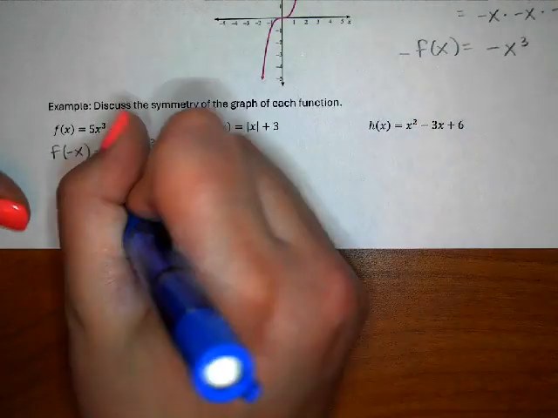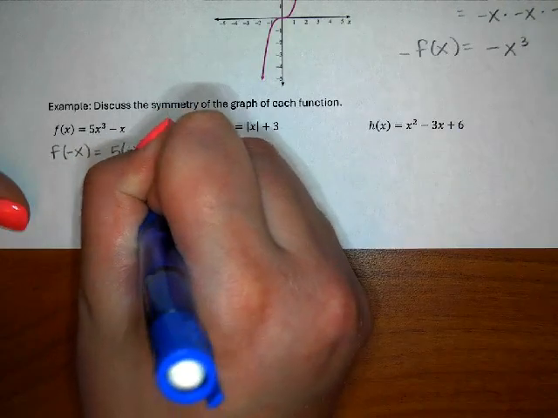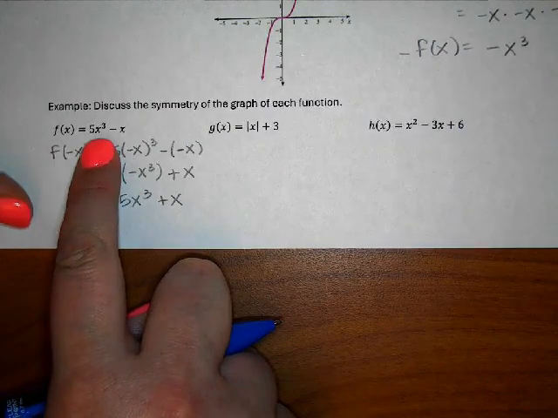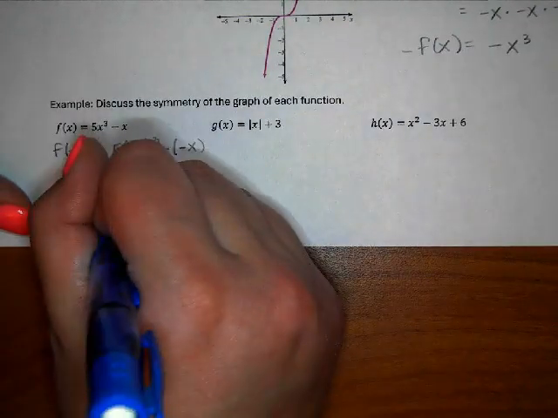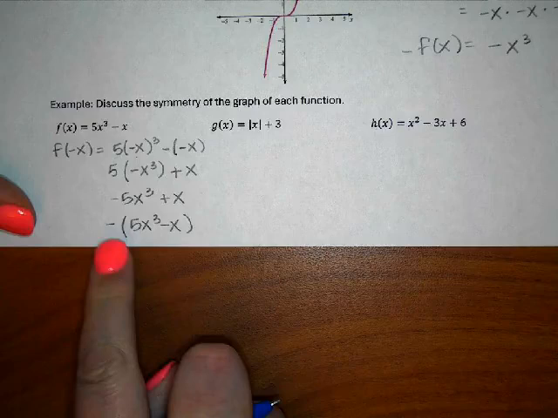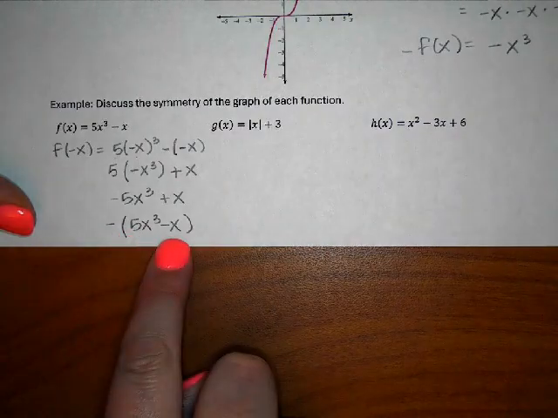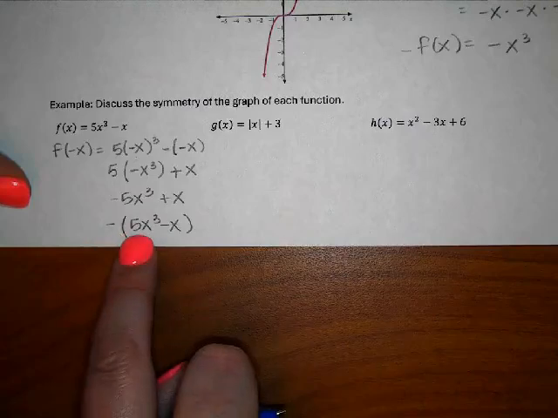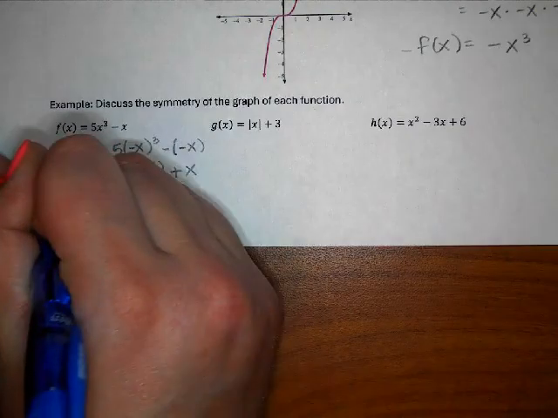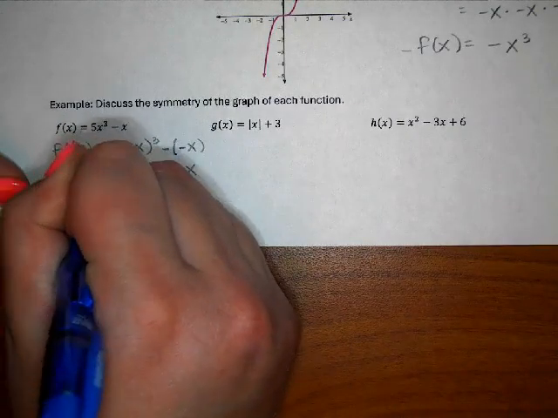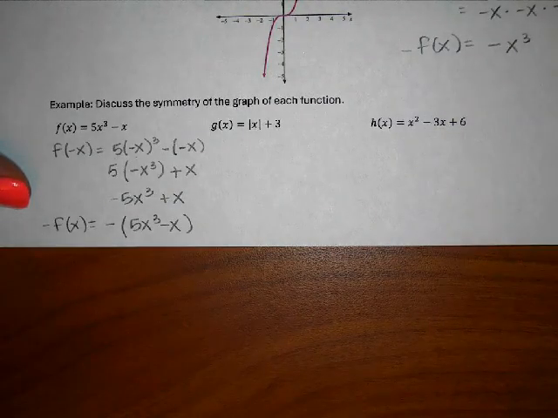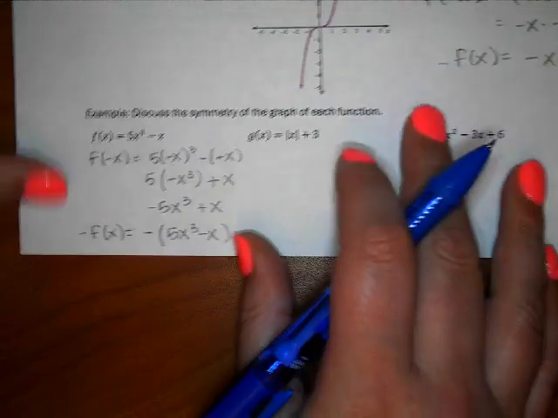And if I compare this to the original problem, I could factor out a negative, and then I see if I take out a negative, it's the exact same as the original problem. So that's the negative version of the function. That means my conclusion here is that this is an odd function, but that's not what they asked. They didn't say is it even or odd, but they could have. They said find the symmetry, and so this is symmetric about the origin. It's an odd function, so it's symmetric about the origin.